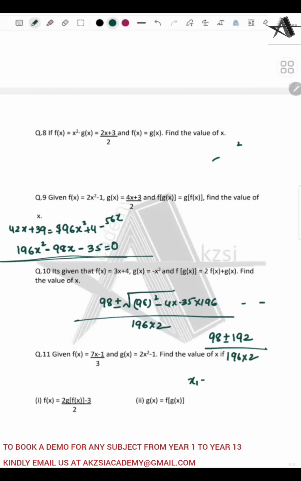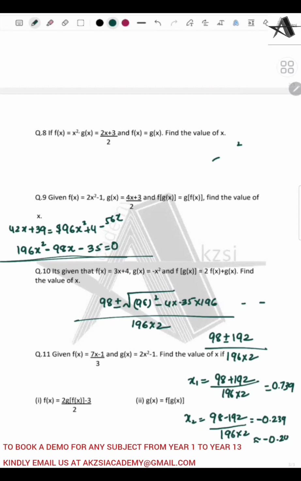So we'll get x1 as 98 plus 192 over 196 into 2, and x2 will be subtracting. So our final answer is going to be negative 0.239, that is negative 0.24. This is the answer for x1 and x2.